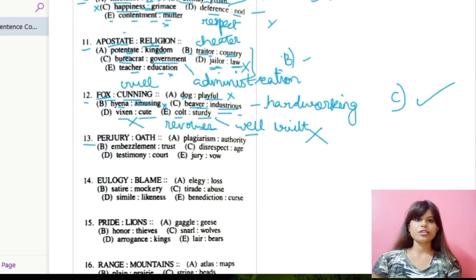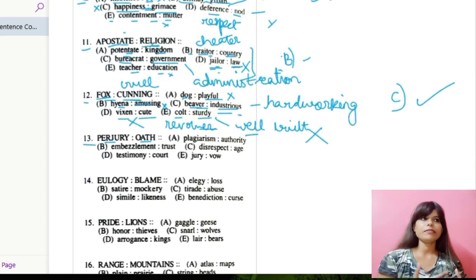That is perjury and oath. Now perjury means the offense of willfully telling an untruth or making a misrepresentation under oath. Suppose you are told to tell all the truth in the court of law and you are touching that book of Gita or whatever religious book is there, and you are purposefully telling a lie or misrepresenting something.